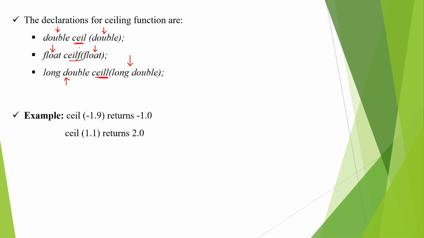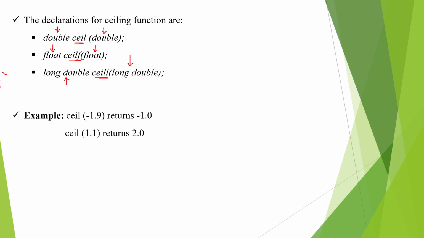Okay, the ceil function I already demonstrated. Whatever value you supply to this ceil function, it always looks for the equivalent integer value in the right hand direction on the number line, the nearest possible integer value, and returns that value. So when you are giving minus 1.9 as a parameter to this ceil, what is it returning?